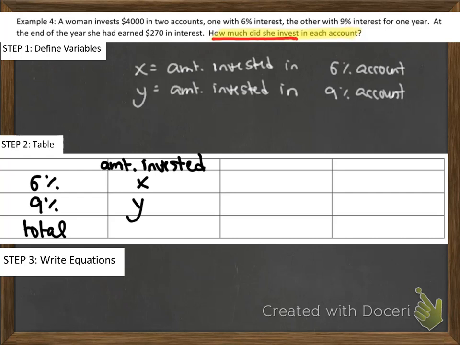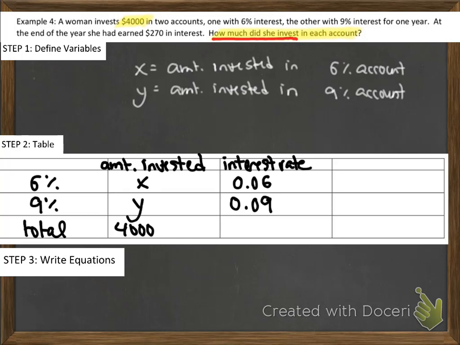However, we do know the total amount that was invested, and that was $4,000. All right, well, what else do we know? Well, we also know the interest rate. 6% written as a decimal is 0.06. 9% written as a decimal is 0.09.